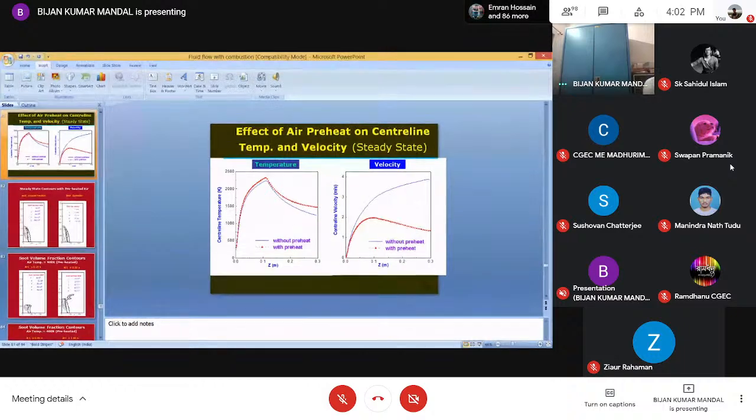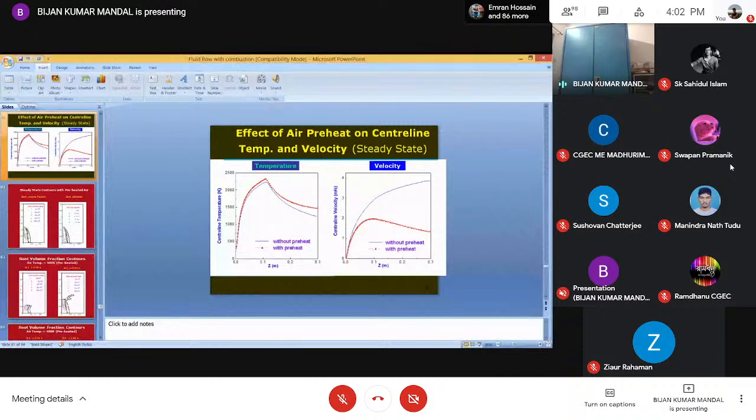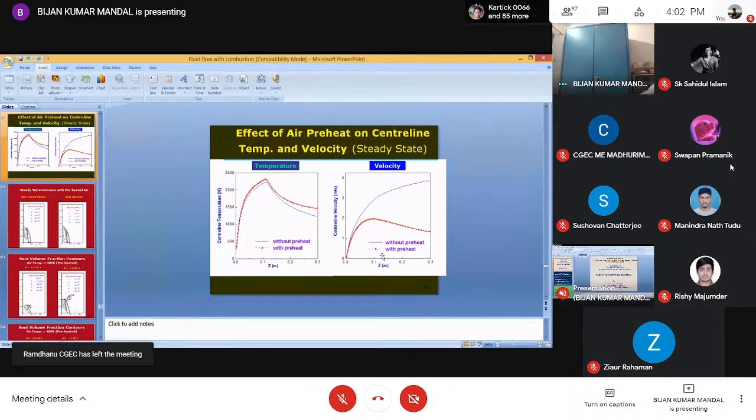But look here, the center line velocity with non-preheated air is much higher, but it is reduced in the case of preheated air. The simple reason is that in the non-preheated case, air is entering from the exit section. To maintain continuity, the velocity going upward near the center has to be increased.